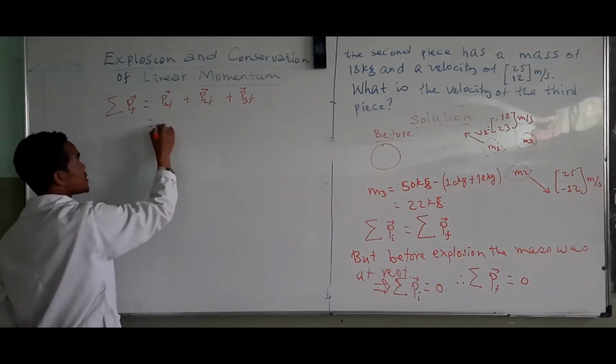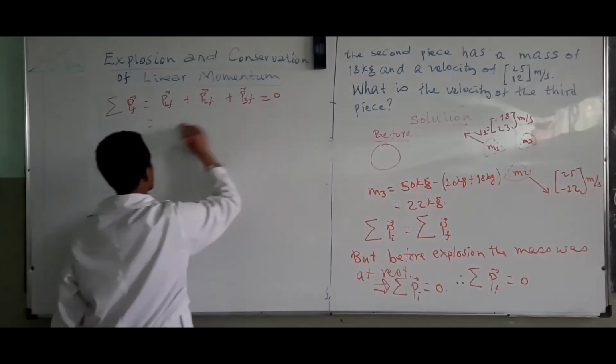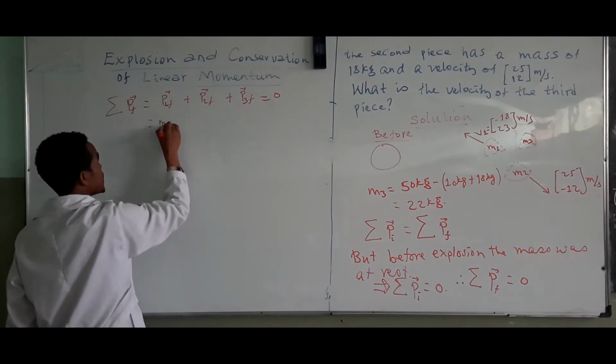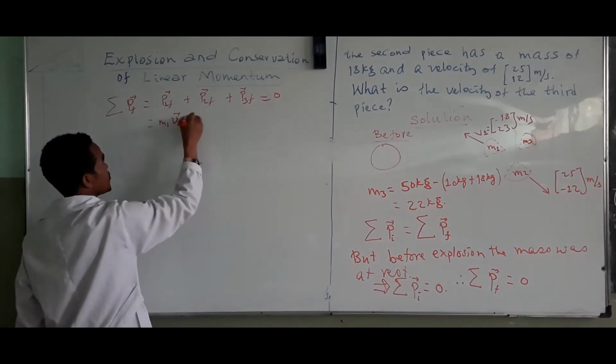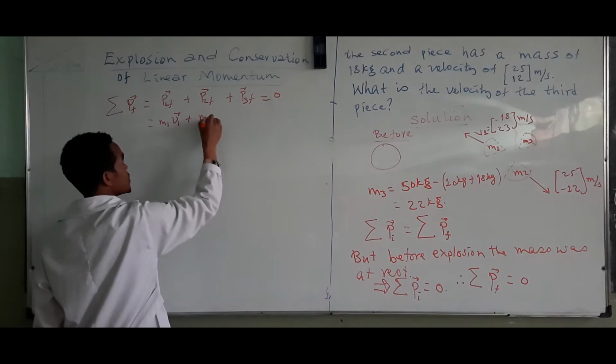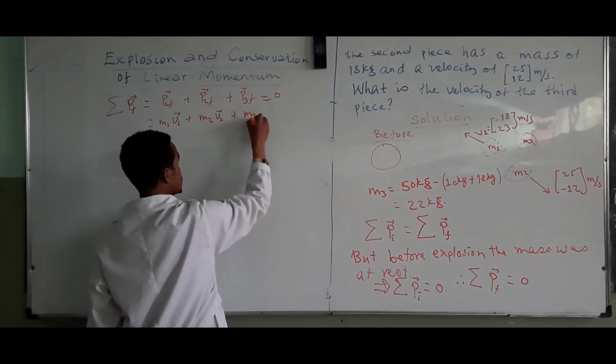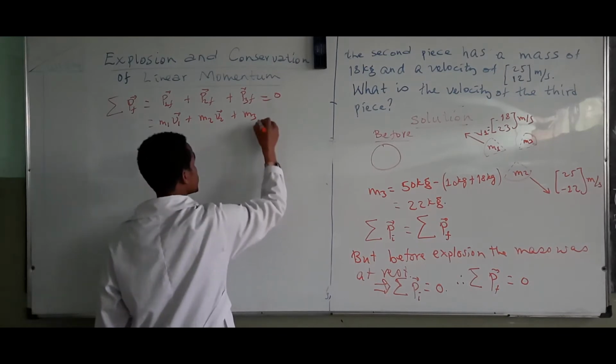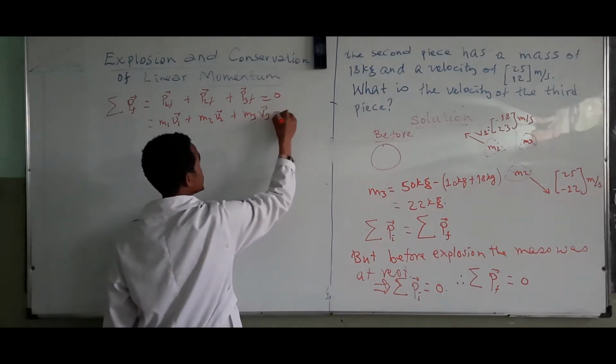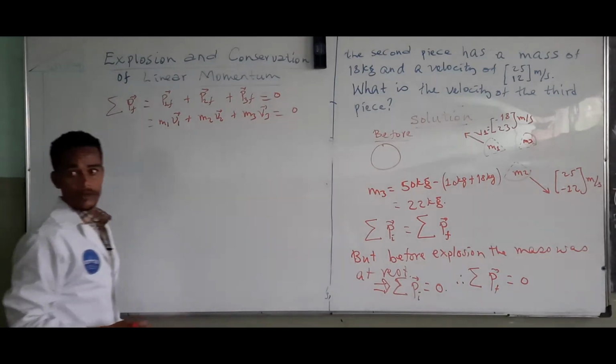This is equal to 0: m1 v1 plus m2 v2 plus m3 v3 must sum up to 0.